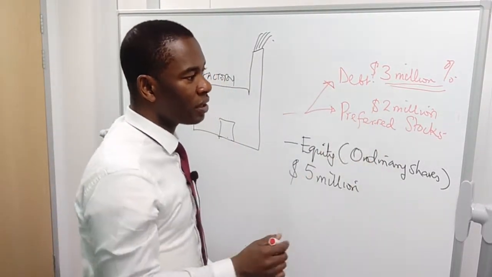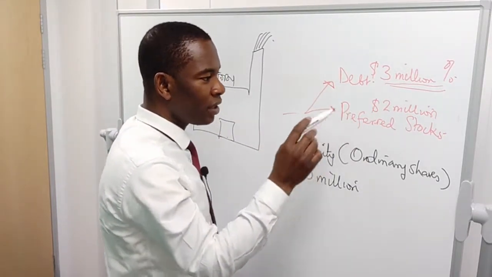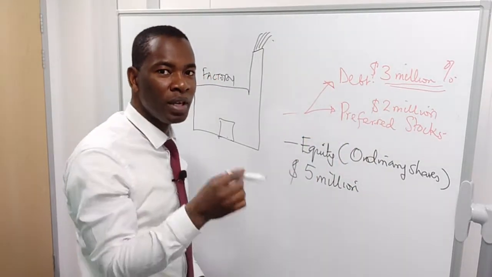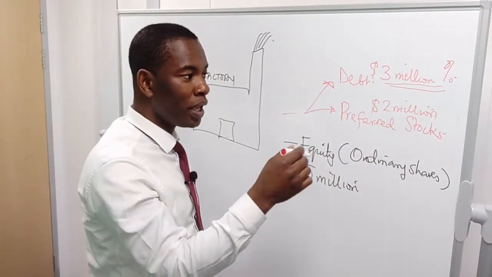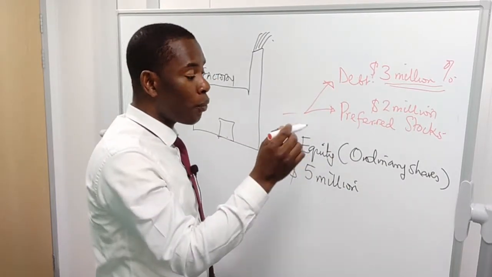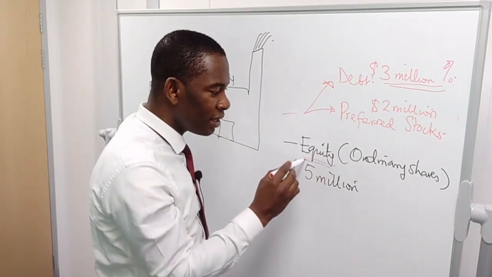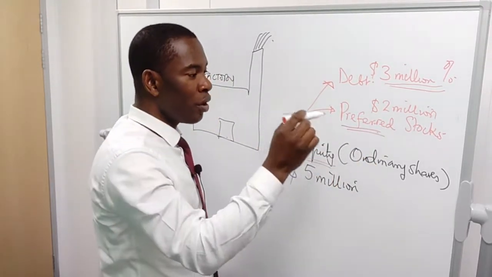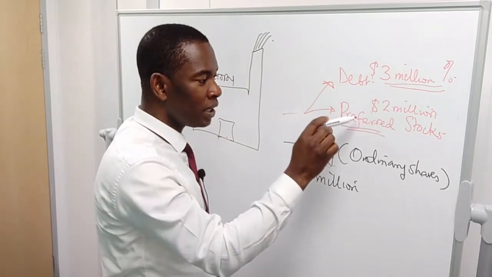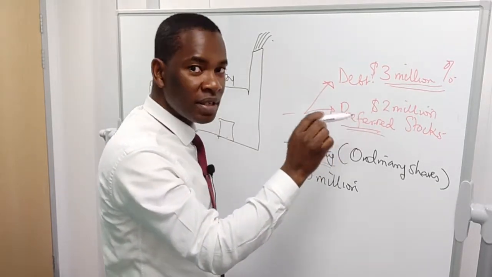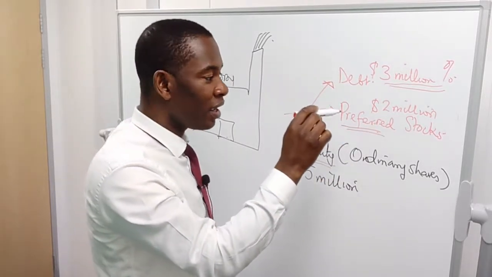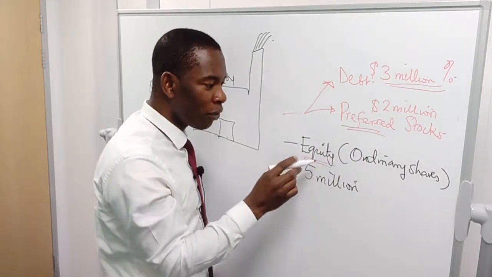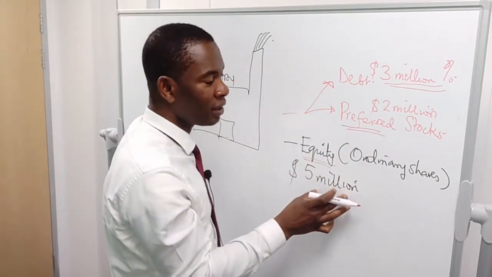These preferred stocks, the good thing about it is that you don't pay interest, you only pay dividends. When this gets dividends, this also gets dividends. You must always give these ones dividends first, preferred in terms of they are first in line for dividends before you, the owners, can get it.